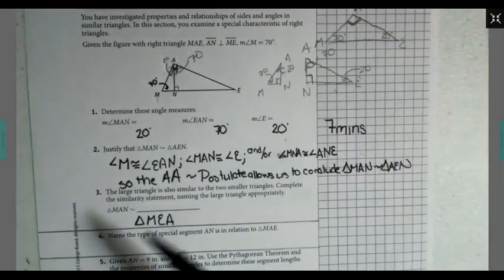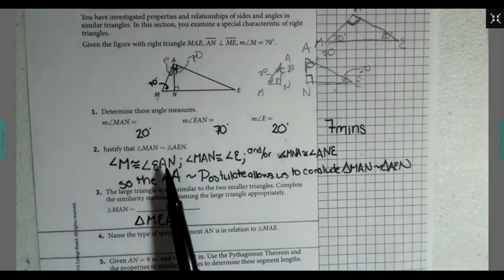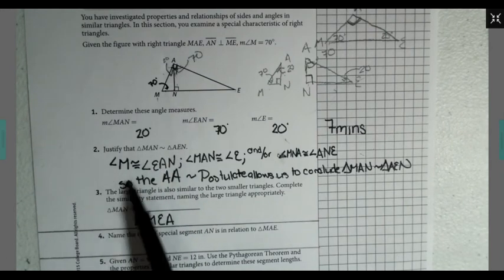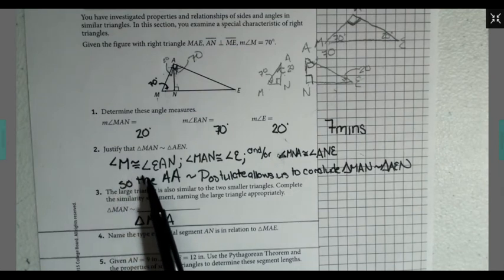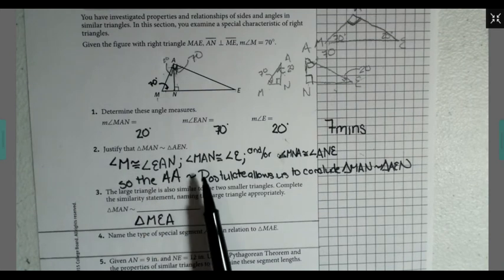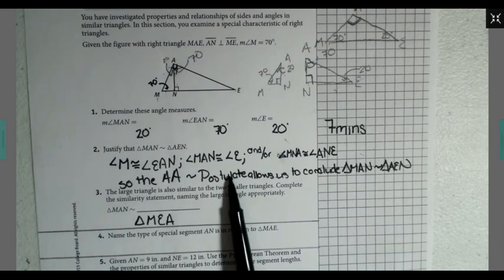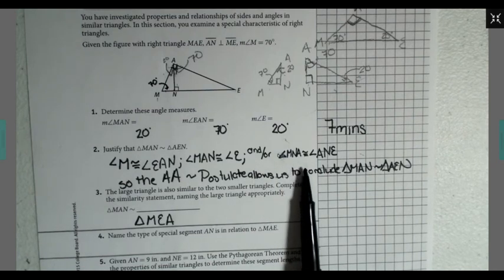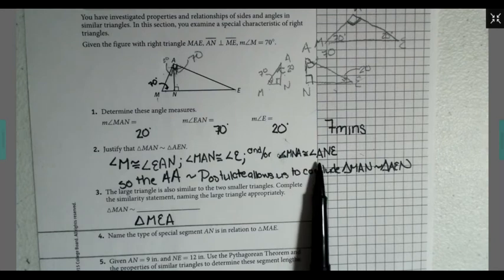Okay, it says MAN is similar to triangle AEN. Well, we could have used any of these three pieces. We know that angle measure M is congruent to angle measure EAN. We know that MAN was congruent to angle E, and or we could have even stated MNA is congruent to ANE.